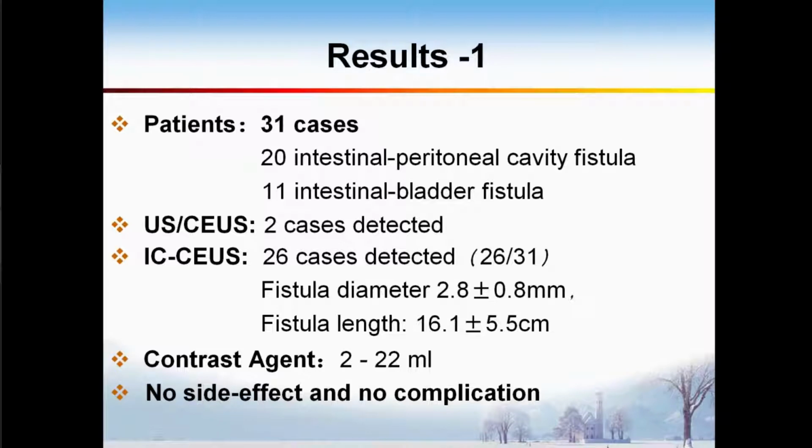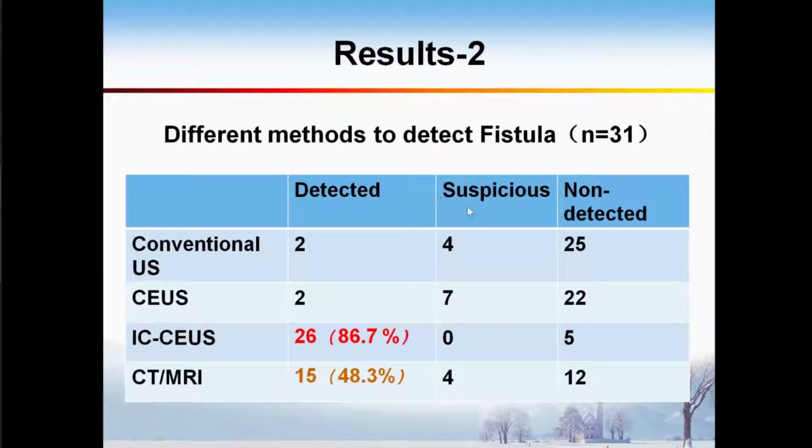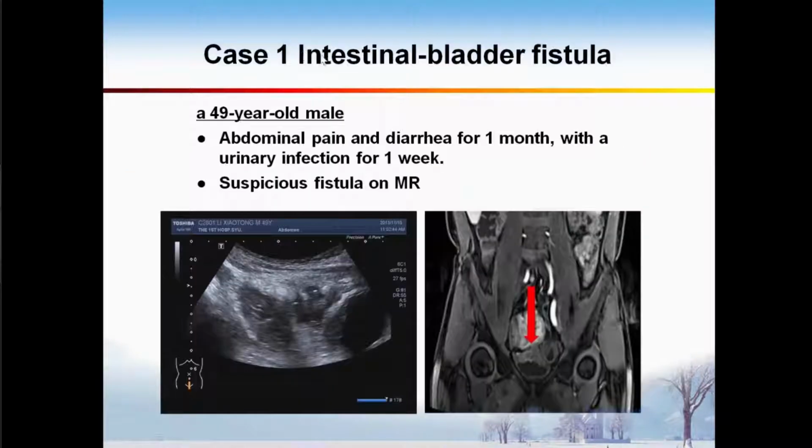Here are the details about detecting the fistula. You can see the intracavity contrast ultrasound detects the fistula at 86.7%, but CT and MRI is about 15%. It's about double that of CT and MRI. And here is our first case, an intestinal-bladder fistula. Here is the abscess.